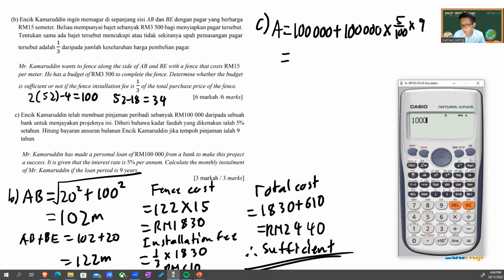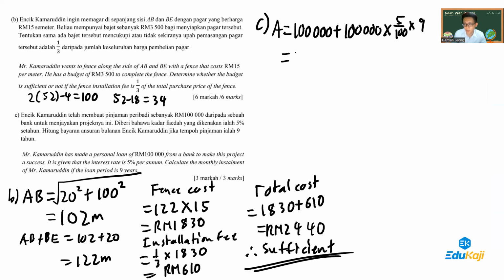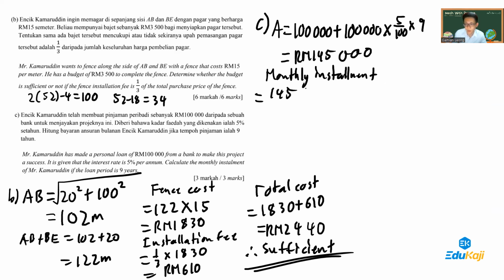100,000 plus 100,000 times 5% times 9 years, 145,000. And the monthly installment will be the 145,000 total amount divided by number of months.